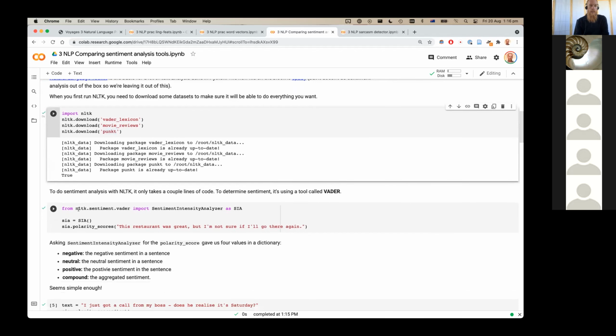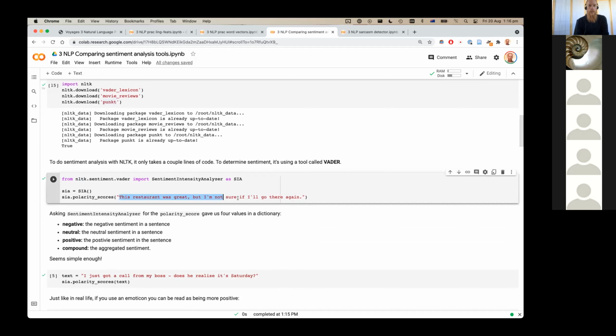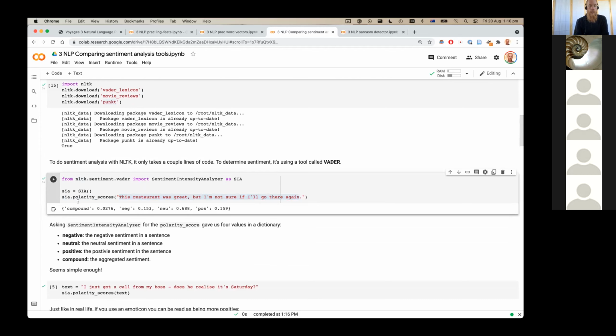You can see that performing the sentiment analysis using NLTK's built-in technique happens very simply using the SentimentIntensityAnalyzer. So there's our input sentence: this restaurant was great. We'll run this code cell and we'll get some ideas about the emotions, the sentiment in this utterance, in this sentence.